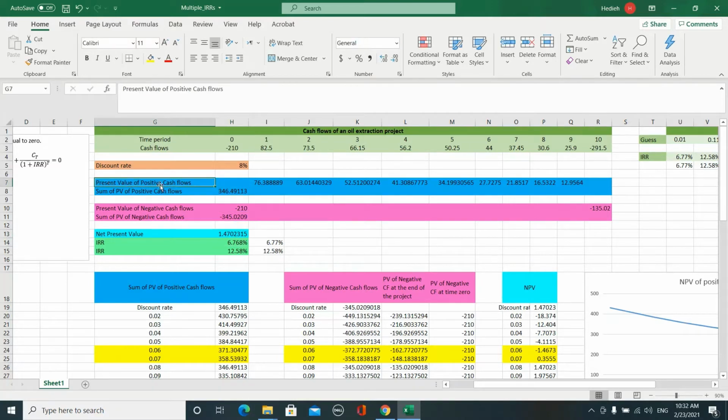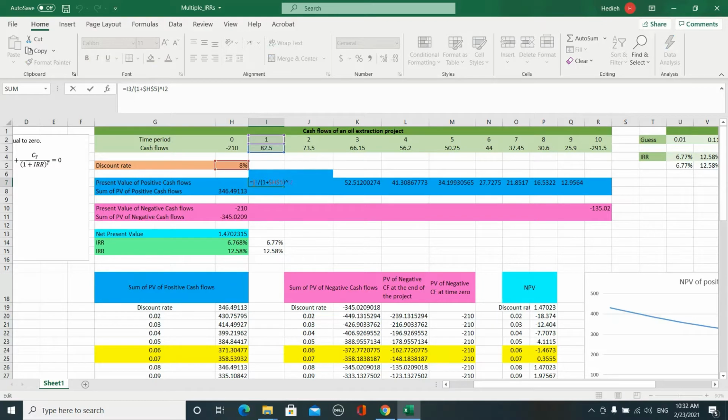In order to find the present value of positive cash flows, for each year, you choose the cash flow that you have. Here it is $82.5 million. You divide it by 1 plus the interest rate that you want to use for discounting. And here the cost of capital or discount rate is 8%. And then you raise it to the power of the number of periods that you have to bring back the cash flow.